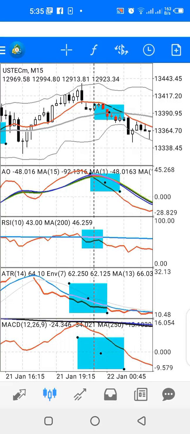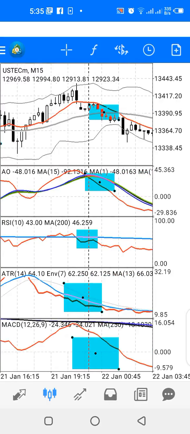Make sure you backtest a strategy. Check it with what has happened in history. Simulate it, check it with what has happened in the past. Make sure you try it on demo account. Do not go live with a new strategy. Try it on demo account.